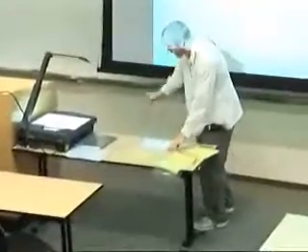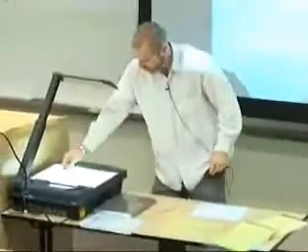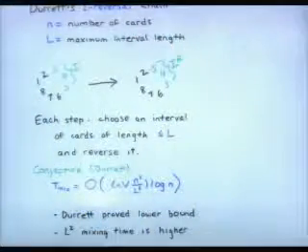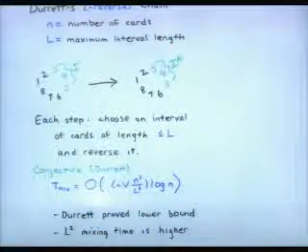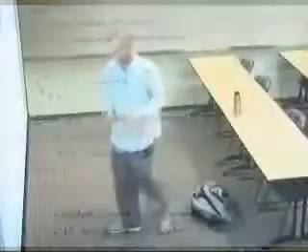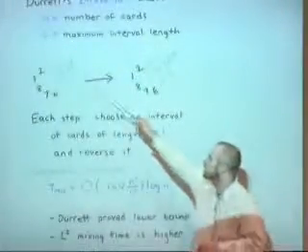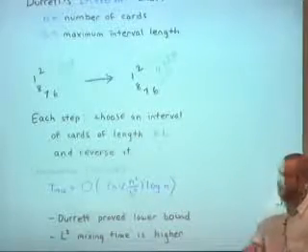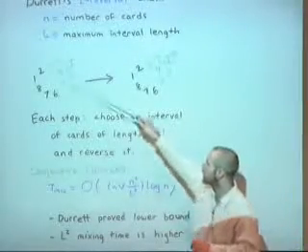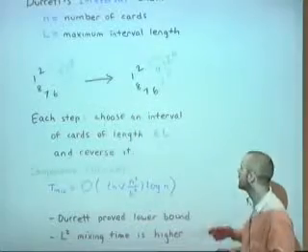Okay, here it is. Let me remind you of the definition of the L reversal chain. You have n cards arrayed in a circle, and each step you choose an interval of cards of length at most L and reverse it.